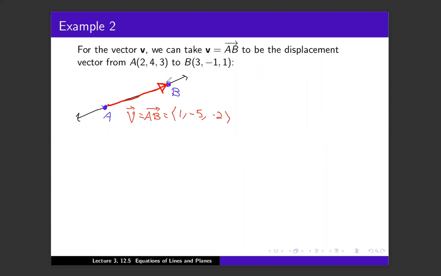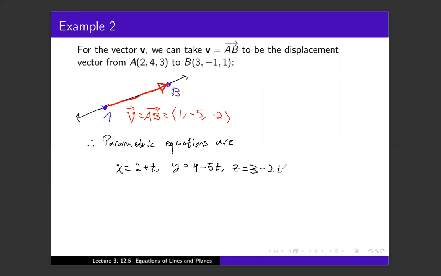So in this case, what this gives us is the direction vector. So the parametric equations are given by, in this case, x is 2 plus t, y is 4 minus 5t, and z is 3 minus 2t.